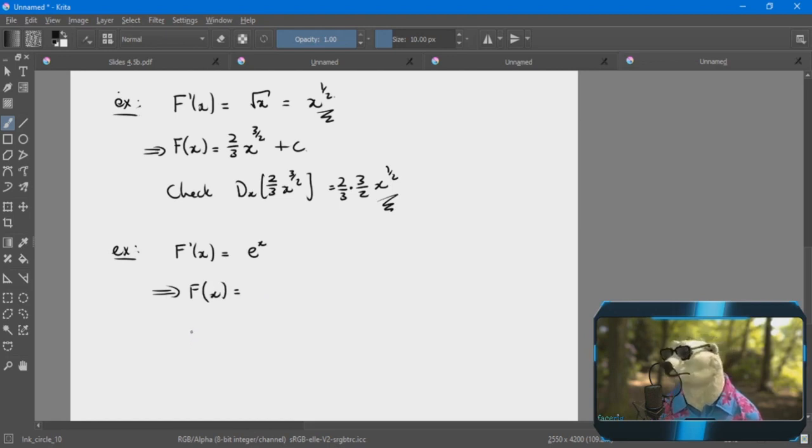So I'm looking for a function so that its derivative answer is e to the x. Again, I'm just drawing on my knowledge of exponential functions to know that it's e to the x. E to the x is the function that has itself as derivative. Of course, I add the constant and I'm done.